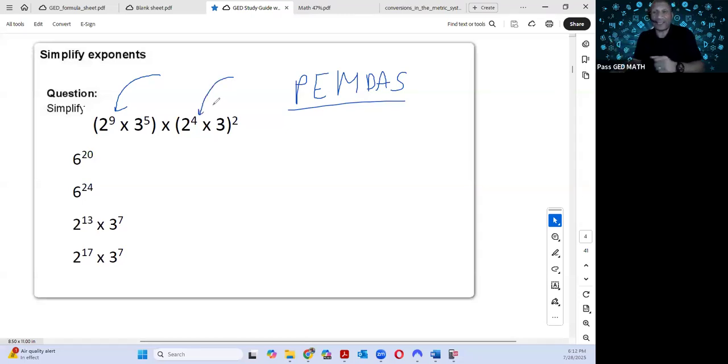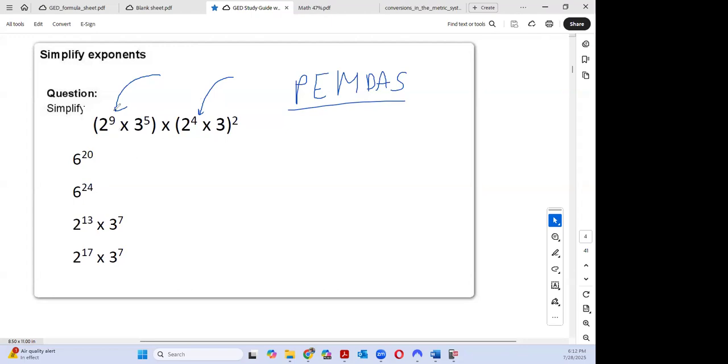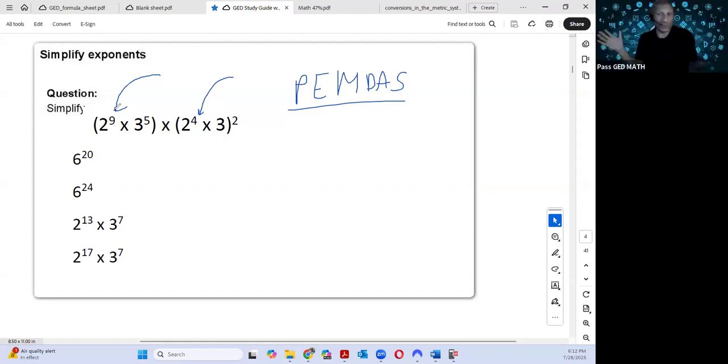Can I simplify anything in the parentheses? Yes, I can. 2 to the ninth times 3 to the fifth. I don't know what to do with that, because they don't have the same base. So exponent rules don't apply, and there's nothing else for us to do inside the parentheses.